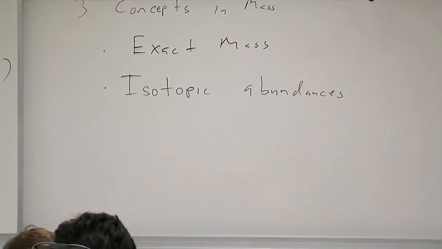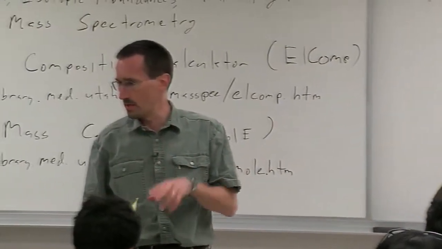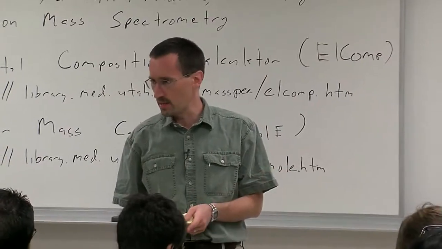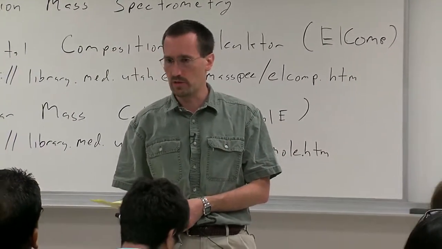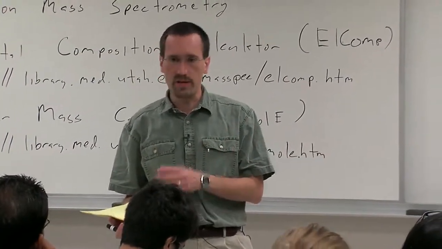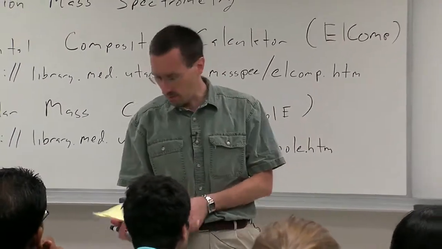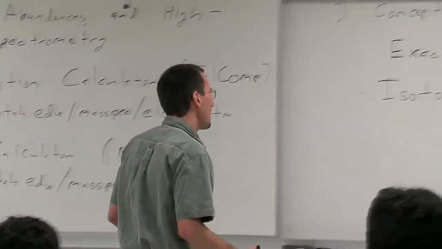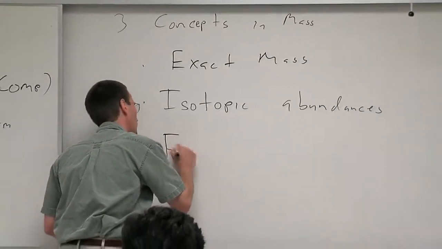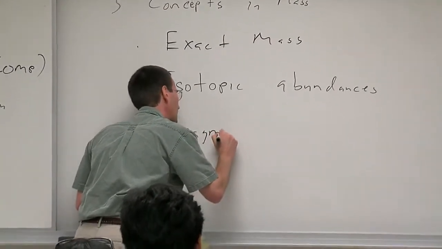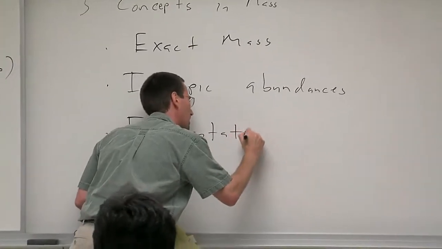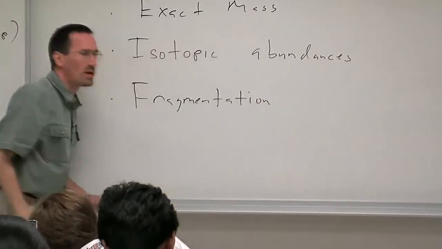Carbon, for example, has 1.1% of its carbons as C13 and the rest of them as carbon-12s. Sulfur has a little bit of S34 in addition to S32, and we'll explore the implications of this. And then in the last lecture, we'll talk about fragmentation. So this will be on Wednesday's lecture.